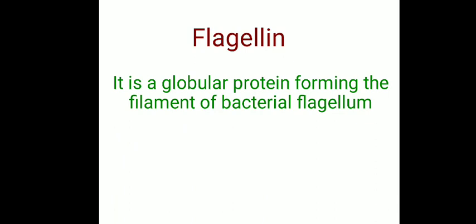It is the structure of flagellin that gives the filament the characteristic helical shape, and each flagellin generally has a mass of about 30,000 to 60,000 daltons, and flagellin is the main subunit of the bacterial flagellum. बैक्टीरियल flagella का जो main subunit होता है, that main subunit is the flagellin, और इसका जो mass होता है, it is near about 30,000 to 60,000 daltons.